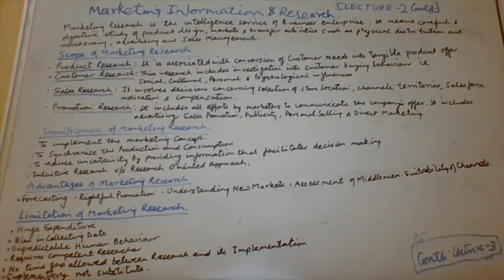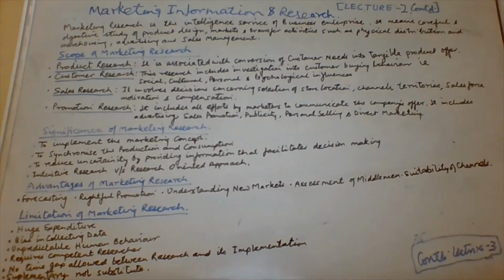That leads to it requiring a competent researcher. A competent researcher is a person who is able to understand the various research processes, tools, and techniques, and to understand what the other people are saying.